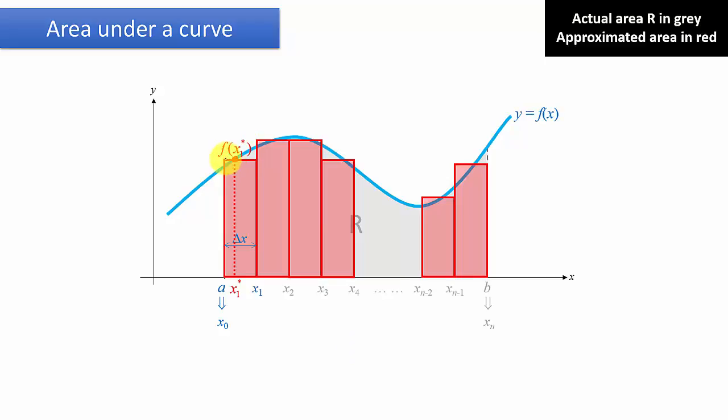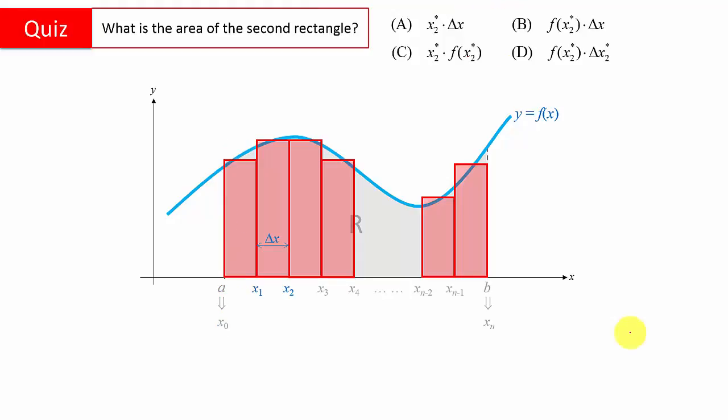So this tells me that in this rectangle, the width of the rectangle is delta x, whereas the height of the rectangle is given by f(x1 star). So since area of a rectangle is width times height, then the area of the first rectangle is simply f(x1 star) multiplied by delta x. Now let's see if you can try to find the area of the second rectangle.